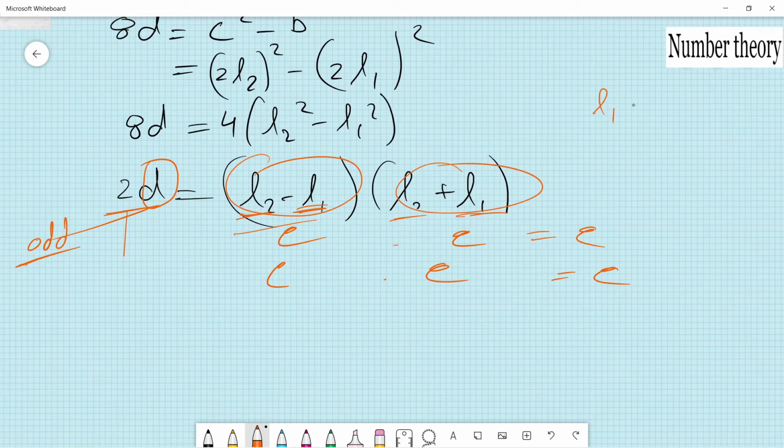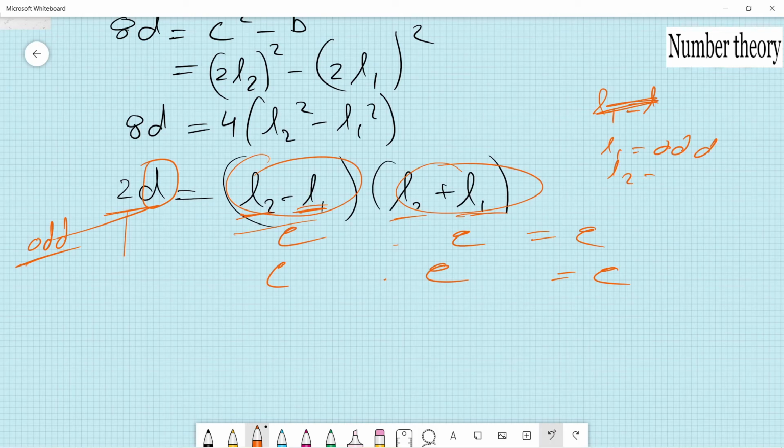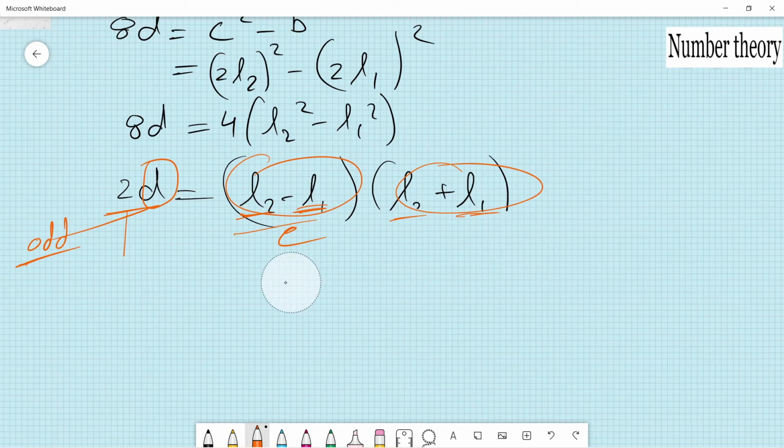If L1 is odd and L2 is odd, we get the same result. And if both of them are even, we get the same result again. So from this, we know that these two brackets are always going to be even.